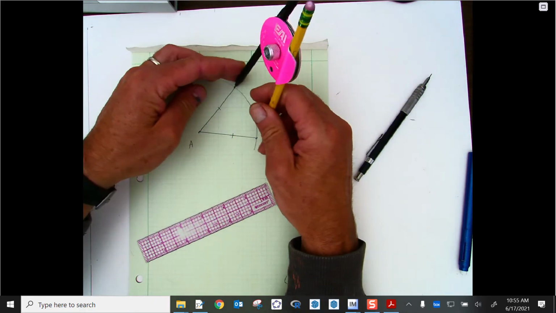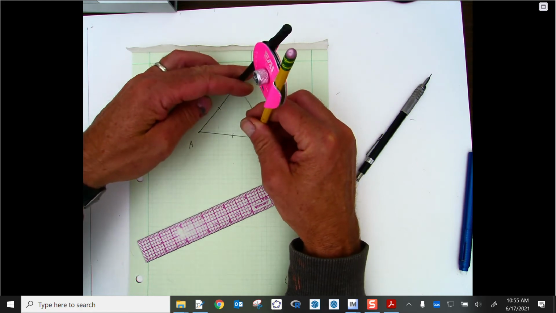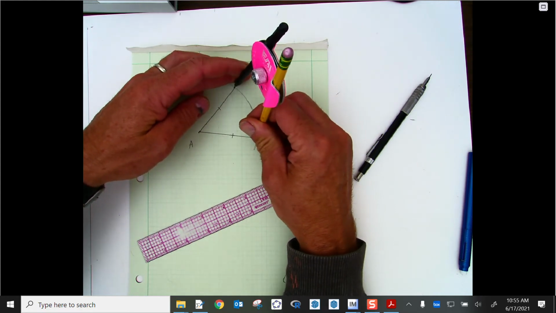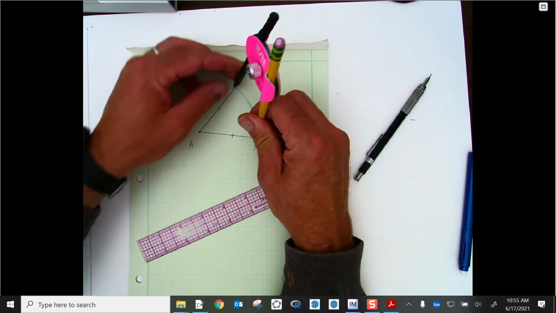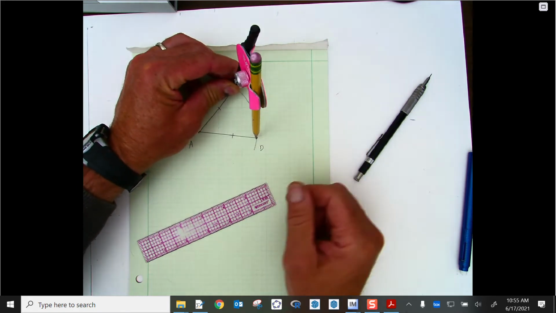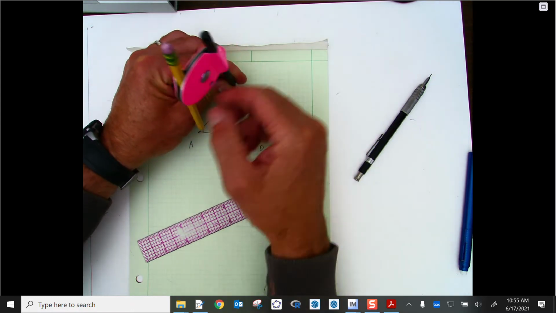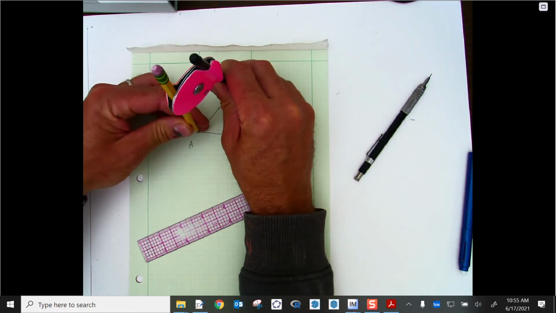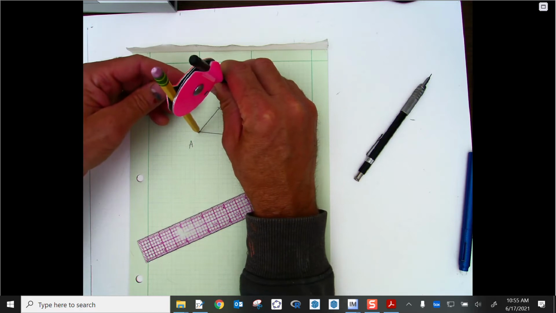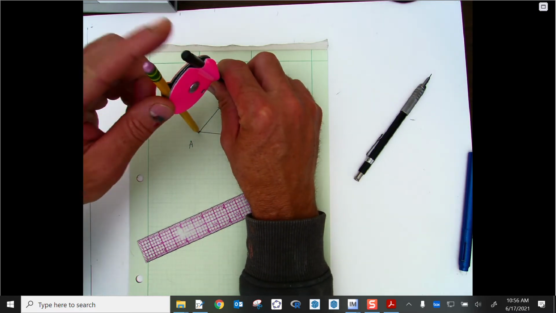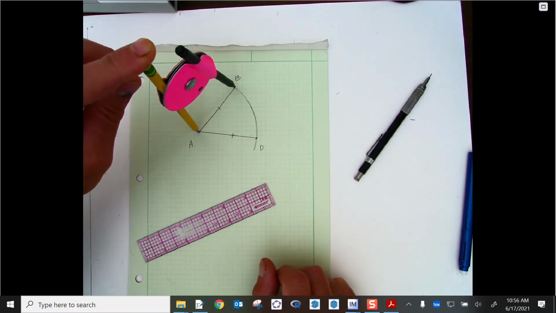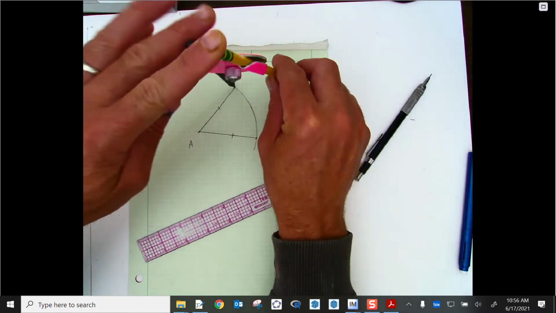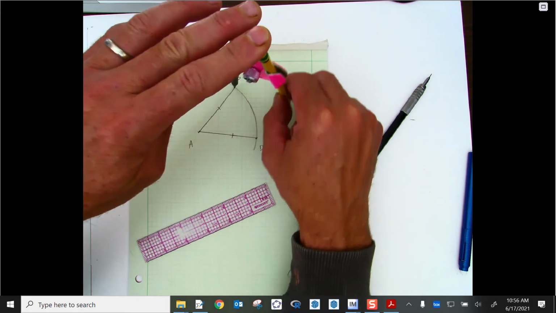If I put my point on B and tighten my compass so that the distance, oh sorry, it should be the distance to A is that, right? So in other words, my compass is exactly that distance from A. And what I want is a point out here that's that distance from B.